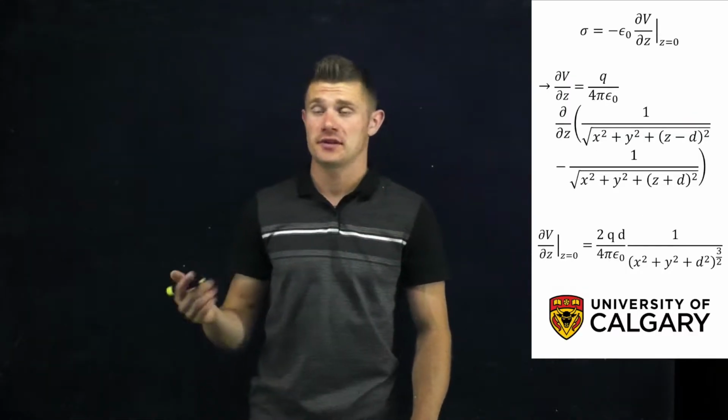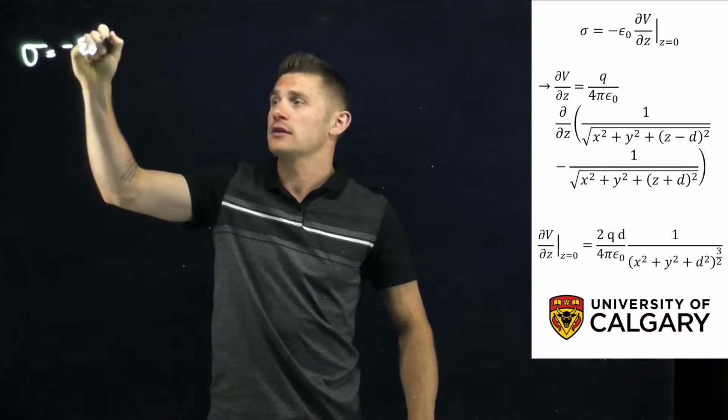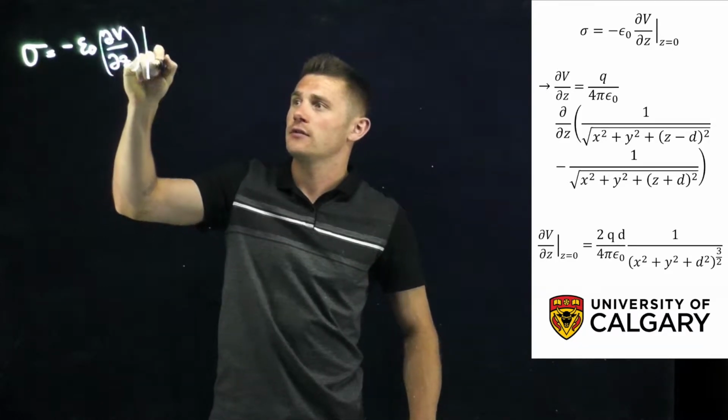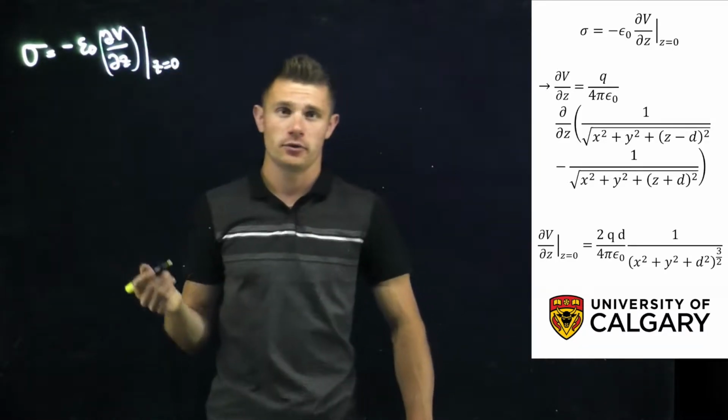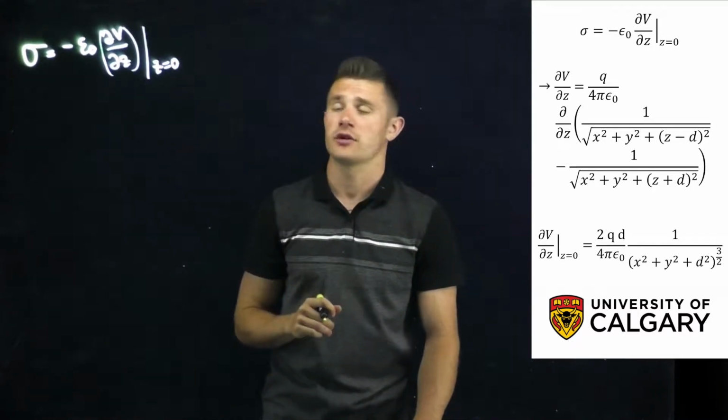So now we want to use this equation, sigma is equal to negative epsilon naught dV by dz evaluated at z is equal to 0, in order to determine the induced surface charge on our infinite conducting grounded plane.